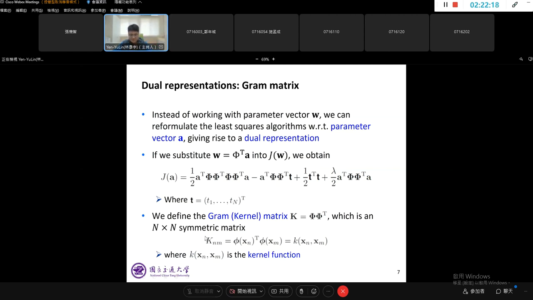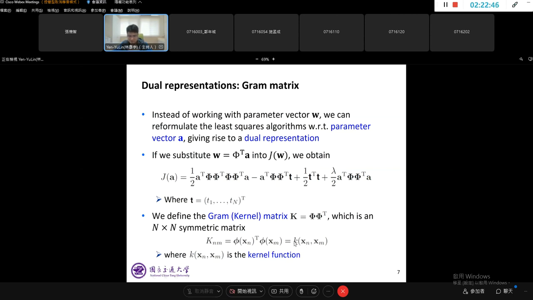So we use capital K to denote the kernel matrix. Kernel matrix with some subscript is used to index some particular element of this kernel matrix. We use lowercase k to indicate the kernel function. Kernel function is applied to data points in the input space.